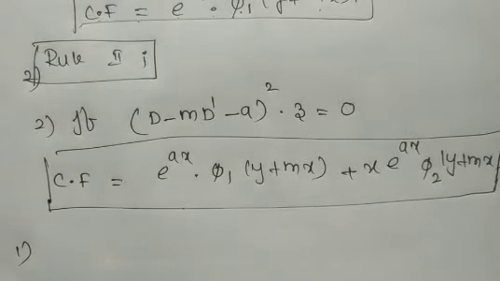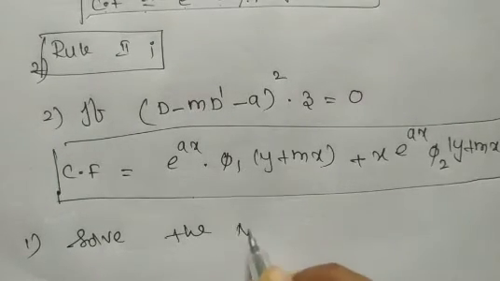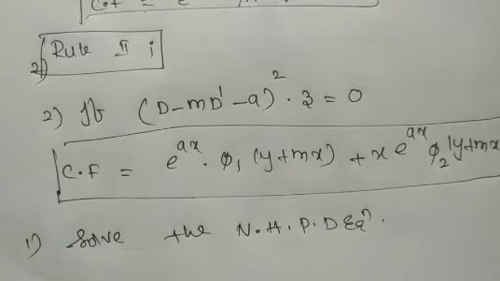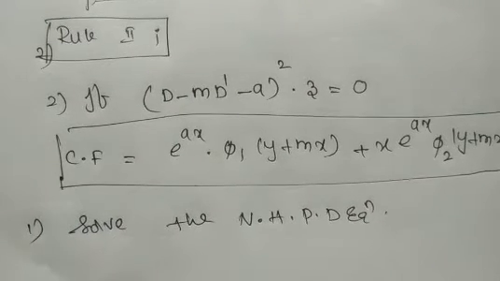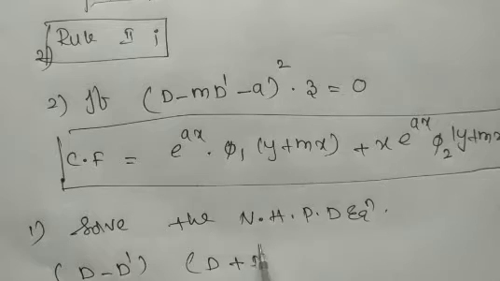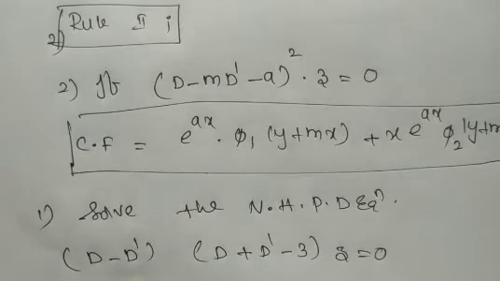I am taking the first problem: solve the non-homogeneous partial differential equation, that is, find the complementary function. The first problem is (D - D')(D + D' - 3) z = 0.